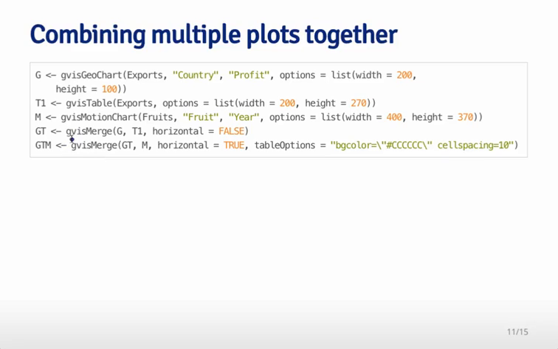So first, I merge together the GeoChart and the table, and I set horizontal equal to false. In other words, I stack them on top of each other. Then I merge this merged object and the motion chart, and I set horizontal equal to true, so these two charts will be next to the motion chart. Notice that I've set up the lengths and widths so that those charts will match up with each other on the next slide.